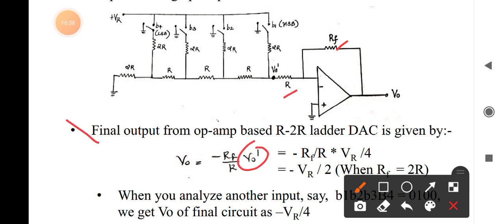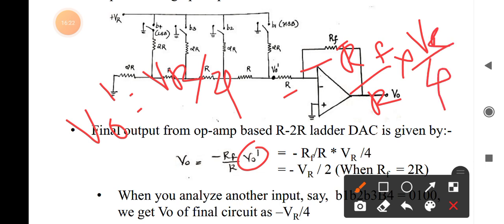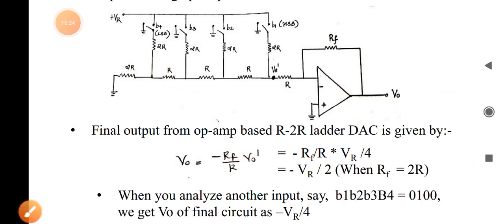So what is V naught dash here? V naught dash is equal to VR by 4, which we already know. So that is minus RF by R into VR by 4. So that we get as the output.